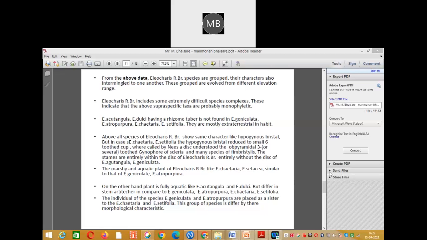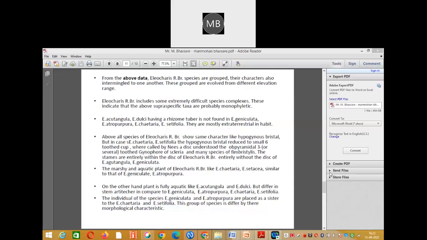Then Eleocharis acutangula and Eleocharis dulcis have a rhizomatous tuber, but the rhizomatous tuber is not found in geniculata, atropurpurea, retroflexa, and setifolia. They are mostly terrestrial in habit.